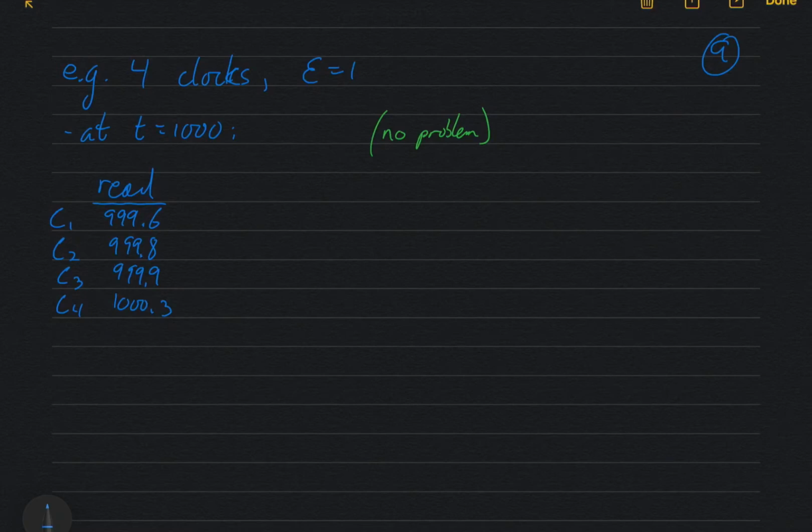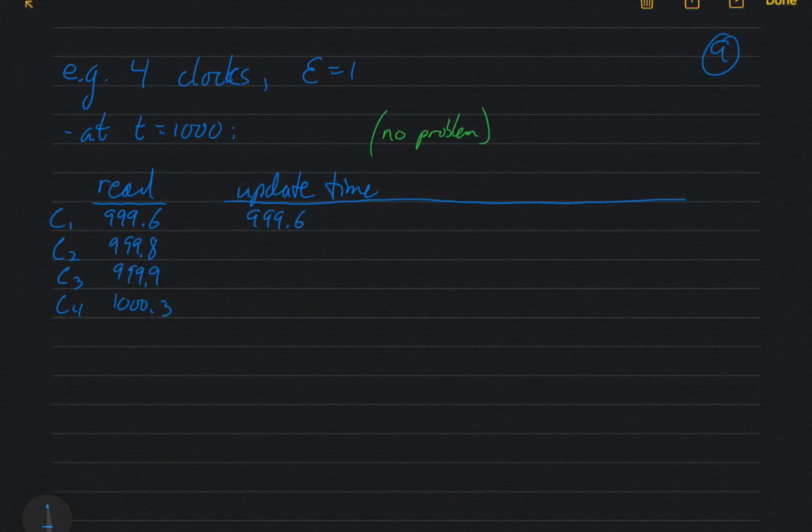And so now they need to do a calculation to update their time. So each clock will tell the other clocks what they read, and so the calculation will be the same for all of them, because they won't be excluding any faulty times or times that don't agree with them.